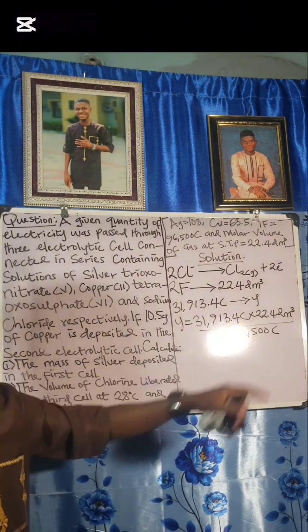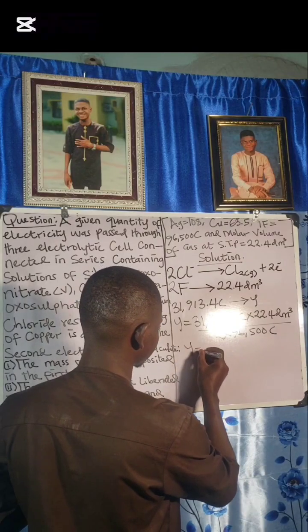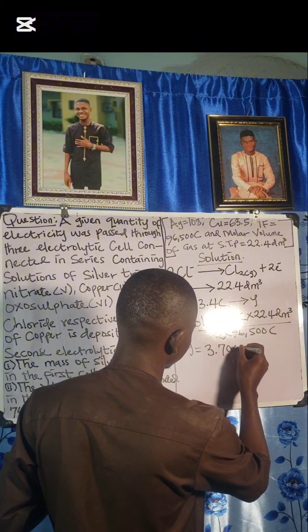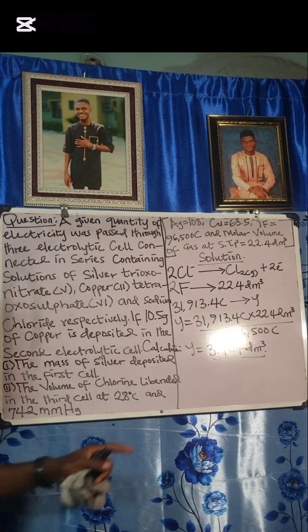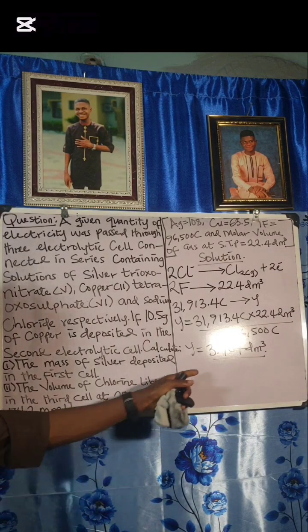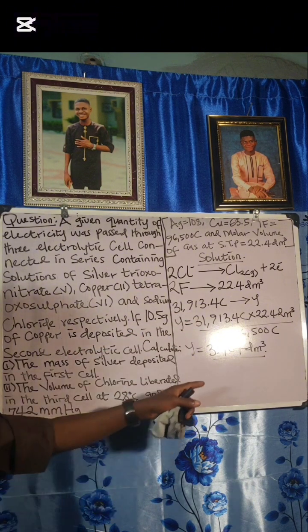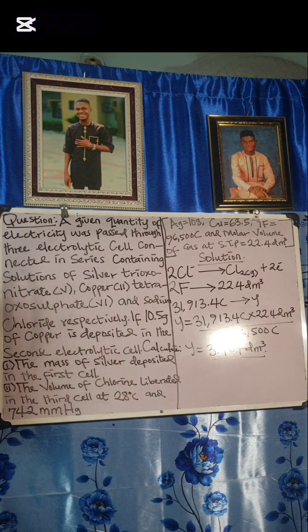If you check this using our calculator, our Y will be equal to 3.704 cubic dm, and that means 31,913.4 coulomb will be required to liberate about 3.704 cubic dm.